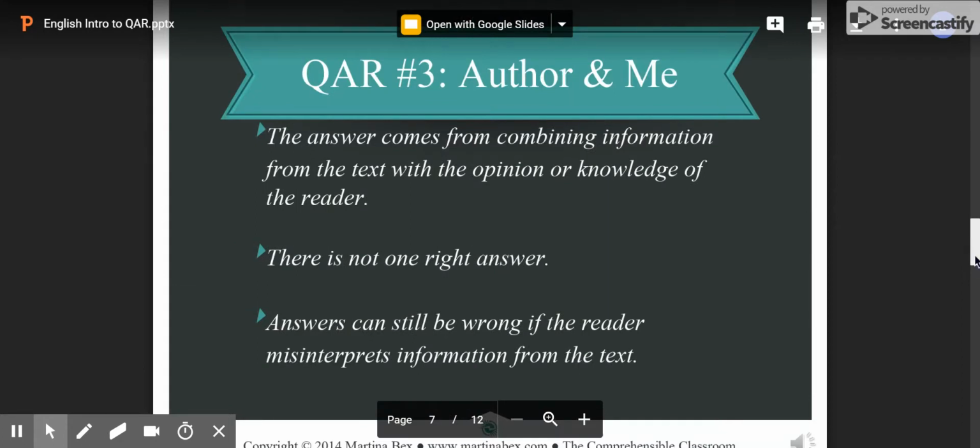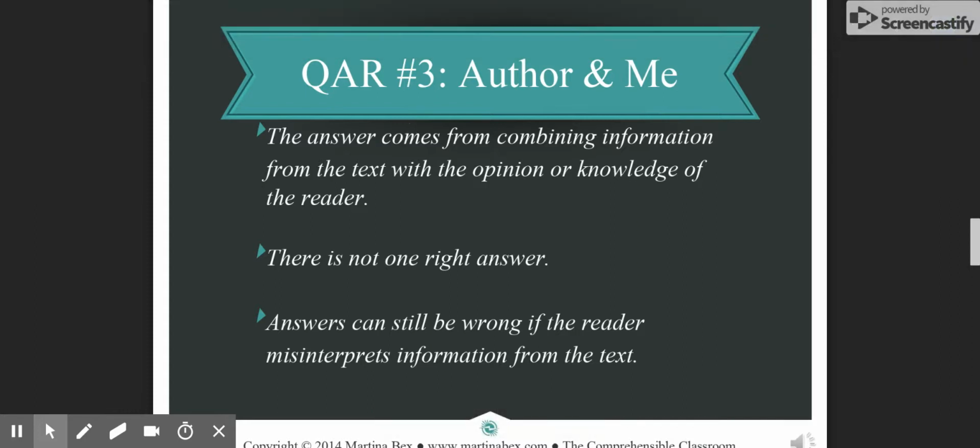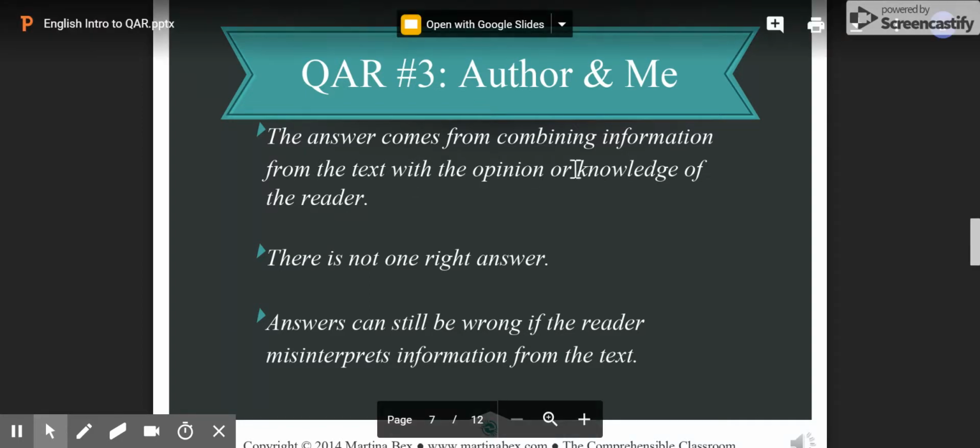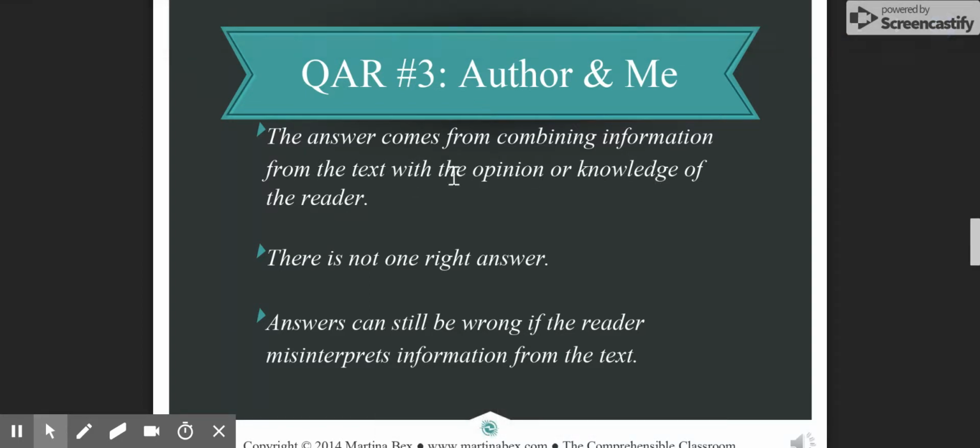Our third type of QAR question is an author and me. This is probably the most challenging question type, so it's really important that students focus on the story because author and me questions involve the story. The answer comes from combining information from the text with the knowledge of the reader.